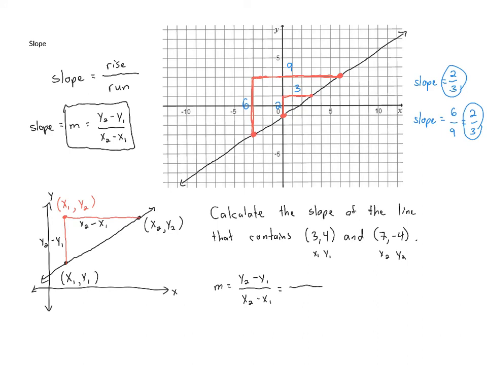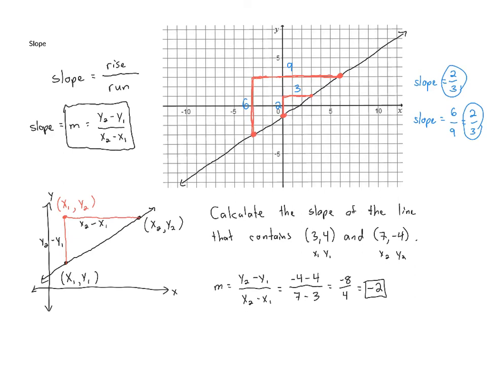Let's plug these in. y2 is -4 minus y1, which is 4, over x2, which is 7, minus x1, which is 3. -4 minus 4 is -8. 7 minus 3 is 4. And negative 8 divided by 4 is negative 2. So in this case, that line has slope negative 2.